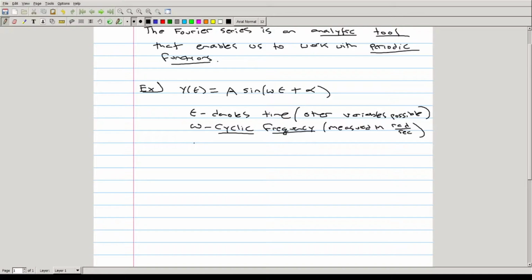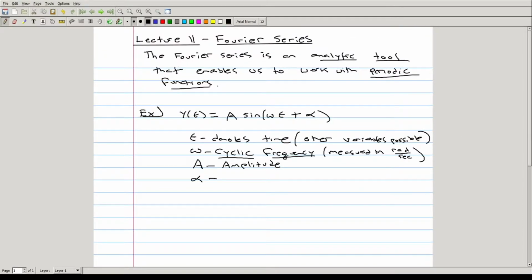A here is the amplitude. And alpha is called the initial phase of this sine function, because when t equals 0, you get the equation A times sine of alpha.